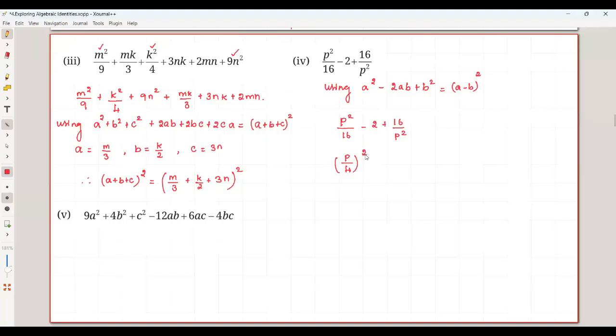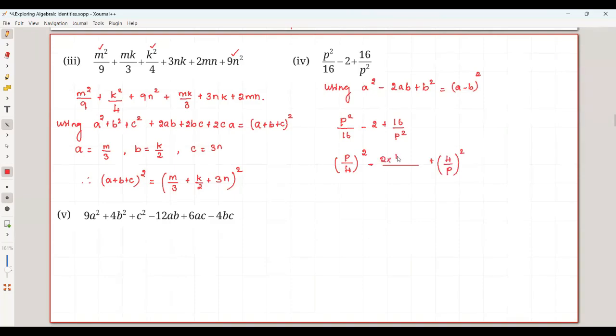If you expand this, p square is p square, 4 square is 16. Now minus, so leave this blank. Now plus, b I have to find out. So (4 by p) the whole square. If you expand this, we are getting this. Now this is a square and b square. So a value, now minus 2ab.